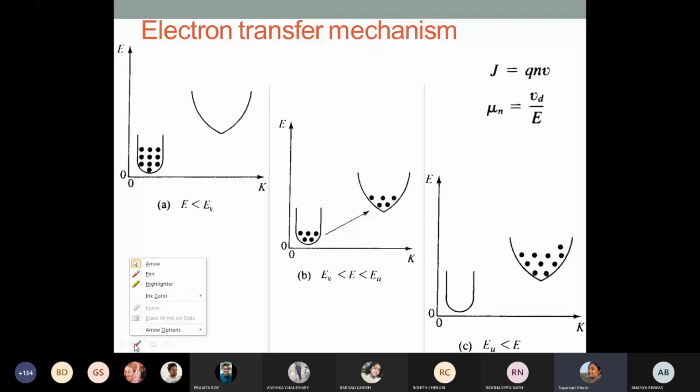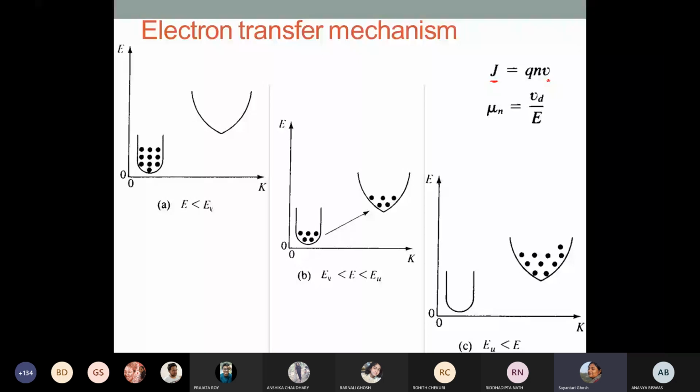But again to remind you, J, the current density, depends on the velocity, because velocity is basically connected to the mobility. So the current density J is connected to the velocity of the electrons V, which in turn is connected with the mobility of the electrons.